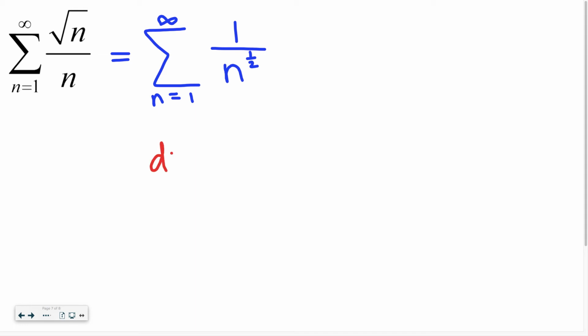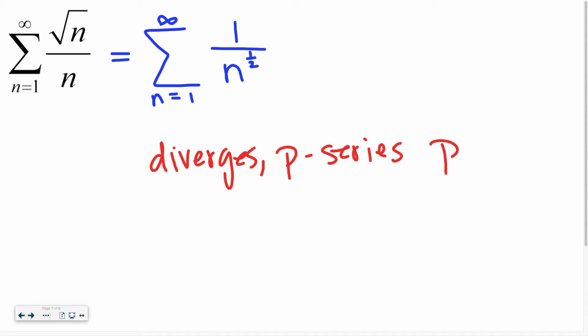This diverges because it is a p series where p is less than or equal to 1. That's a really fast test.